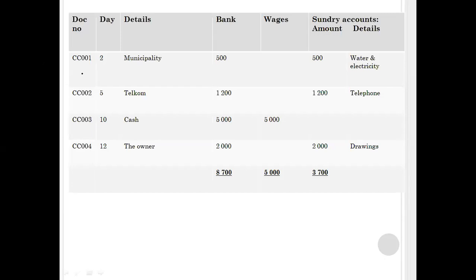So there you have it. It's CC001, check counterfoil. On the 2nd, details is municipality, that's the name of the business. 500 Rand is the amount. 500 Rand always goes to bank, and for what it is, okay, it was for water and electricity. There's not a column for that at the top, so then you take it to sundry accounts.